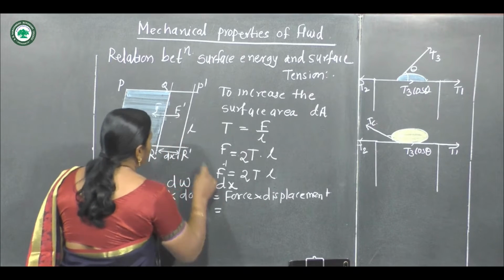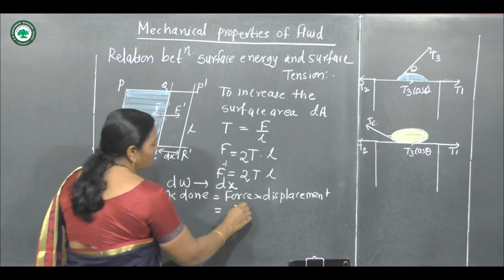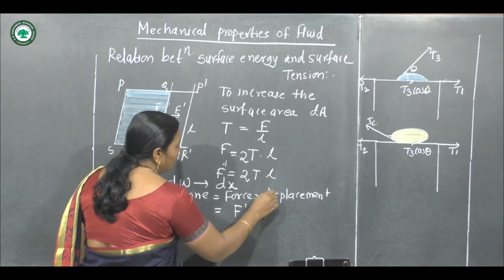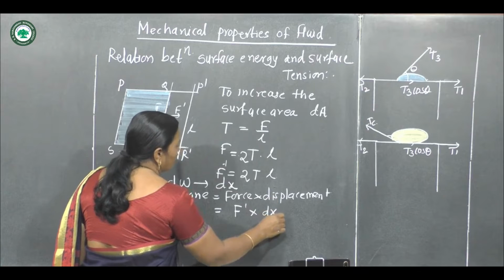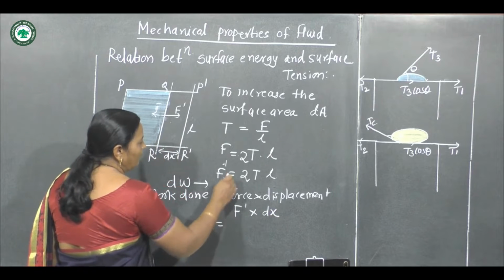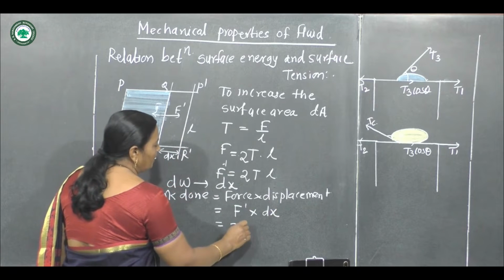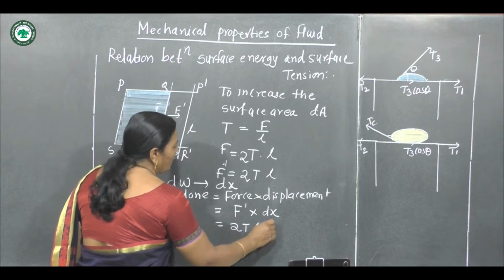The force here is F dash and the displacement is dx. Now substitute the value of F dash, that is 2TL, times dx.